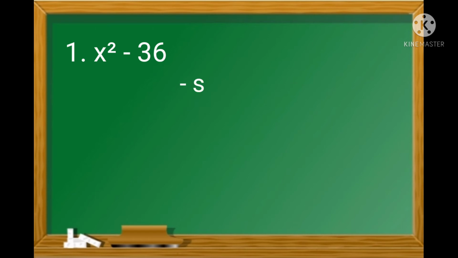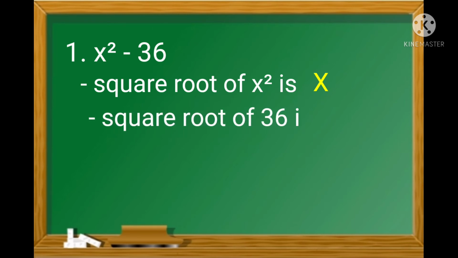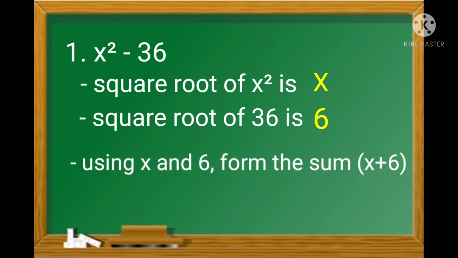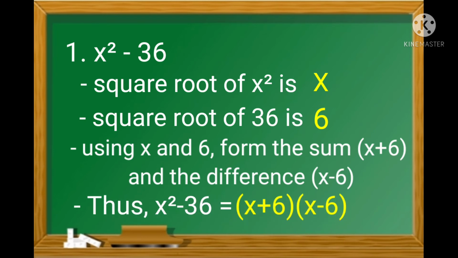The square root of the first term, which is x squared, is x. And the square root of the second term, which is 36, is 6. Using x and 6, form the sum x plus 6 and the difference x minus 6. Thus, the factors of x squared minus 36 are quantity x plus 6 and x minus 6.